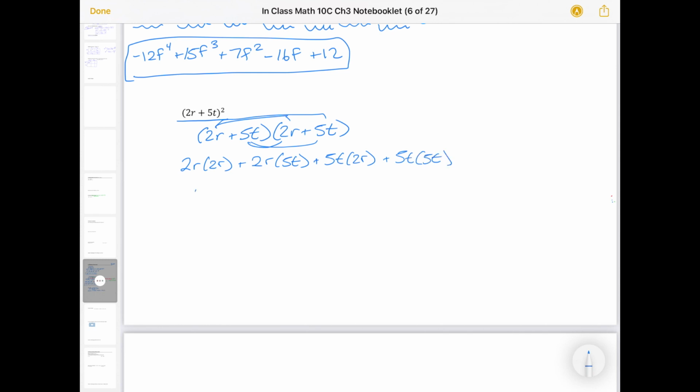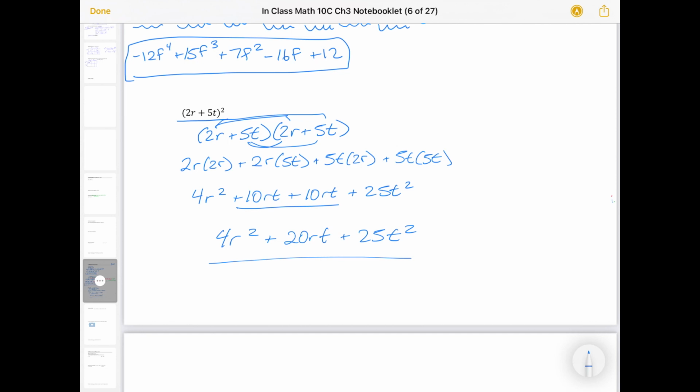All right, so we end up with 4r squared plus 10rt plus 10rt plus 25t squared, and grouping my like terms, 4r squared plus 20rt plus 25t squared. There we go, and that's it. That is going to be our answer for this one.